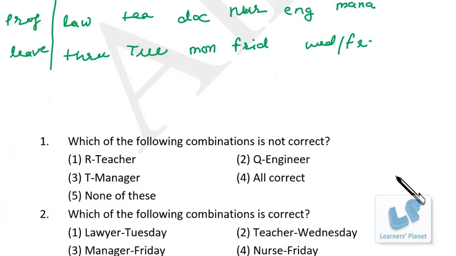So now questions. Which of the following combination is not correct? R, teacher, Q, engineer, T, manager, all correct. Which of the following combination is correct? Lawyer Tuesday, no, lawyer Thursday. Teacher Wednesday, we cannot say. Manager Friday, can't say.